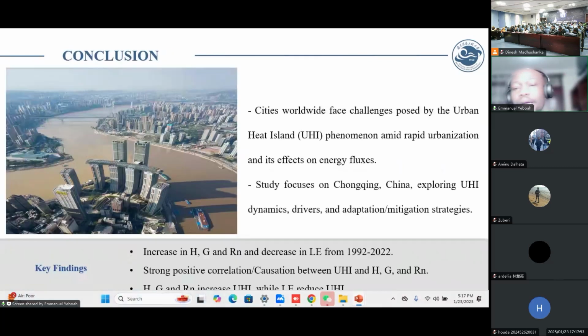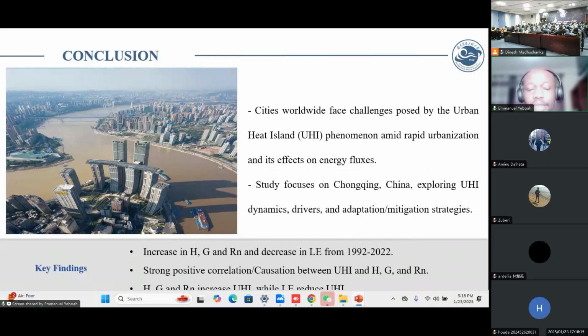Wrapping up with the conclusion, cities worldwide face challenges posed by UHI, which is fueled by urbanization and its effects on energy fluxes. Our study focused on Chongqing, China, and explores the drivers and the mitigation or adaptation strategies.